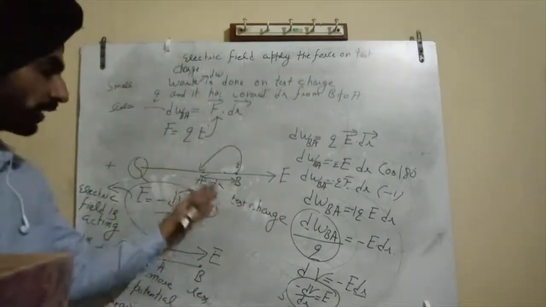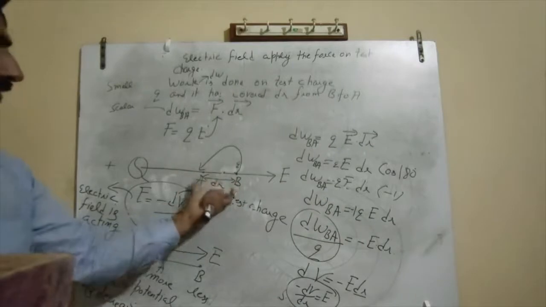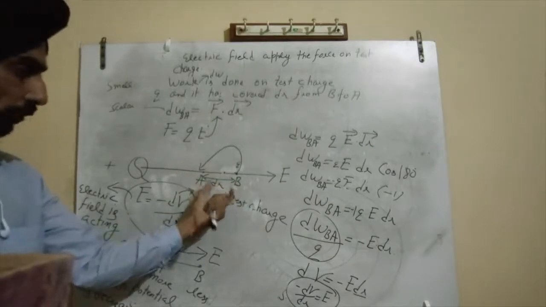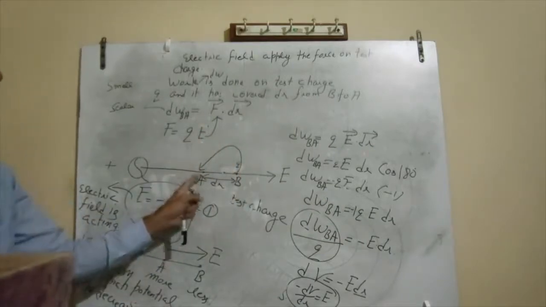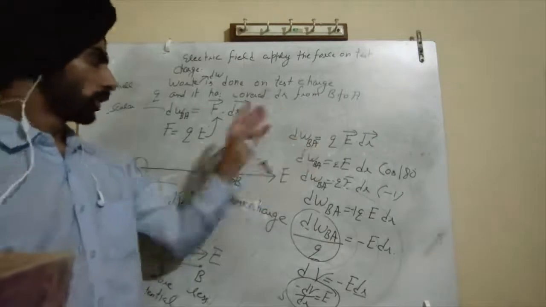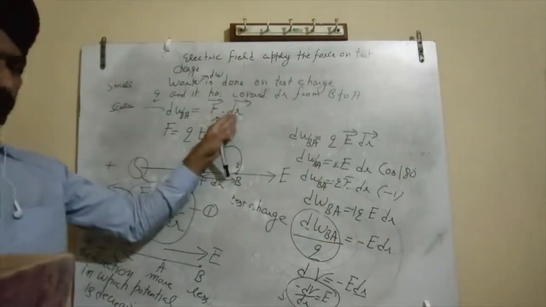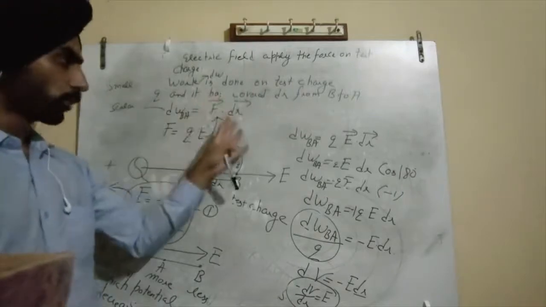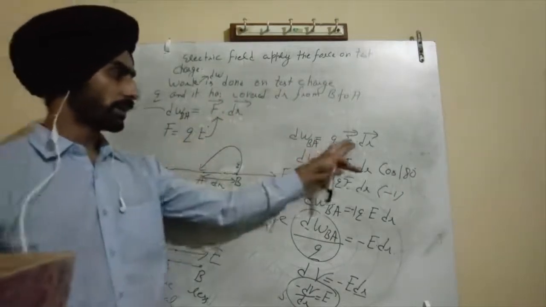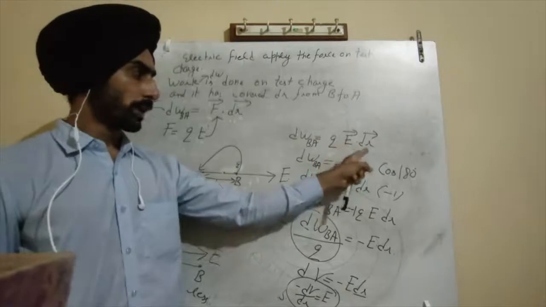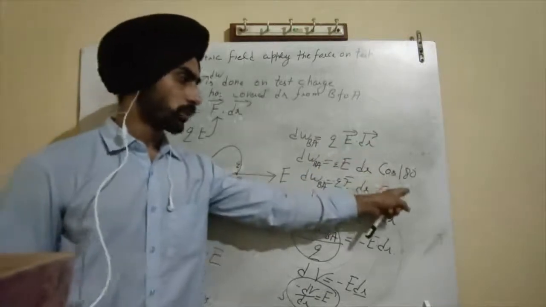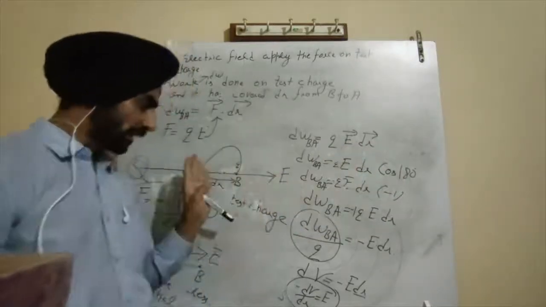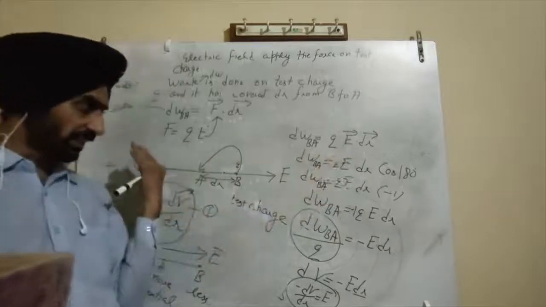You will take two points and a small distance dr, and take a test charge from B to A. You have to find the small work done. What will be the value of work done? Force into displacement. Force is a vector quantity, displacement is a vector quantity. Force is equal to QE. Here E dot dr is a dot product of two vectors, that means cos theta, where theta is 180 degrees, since E is acting in this direction and dr is acting in this direction.